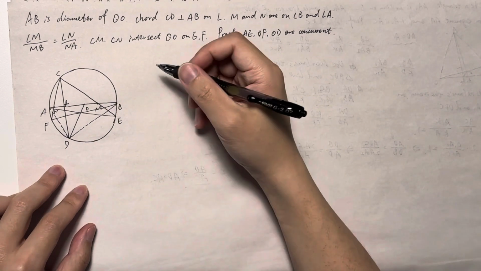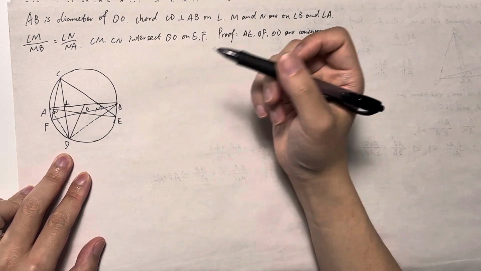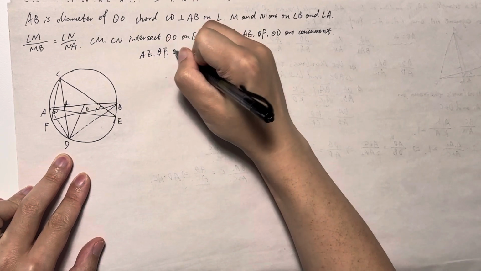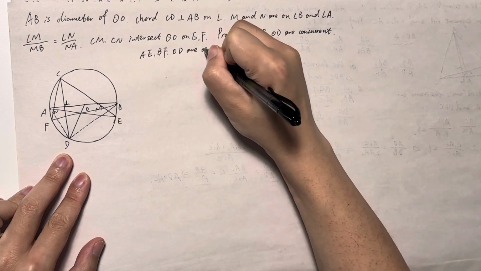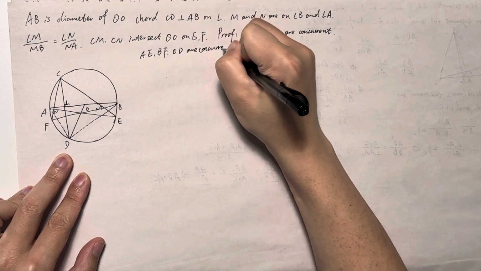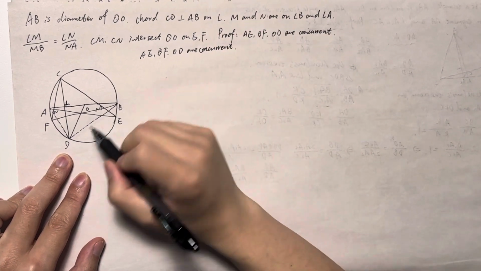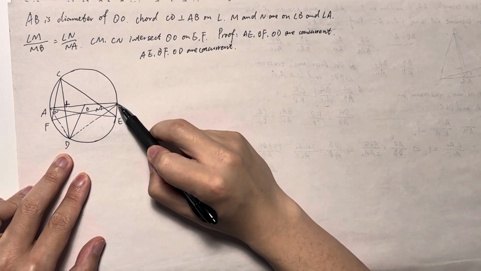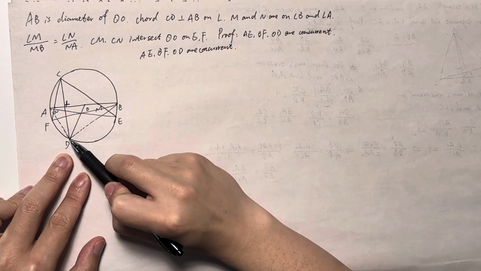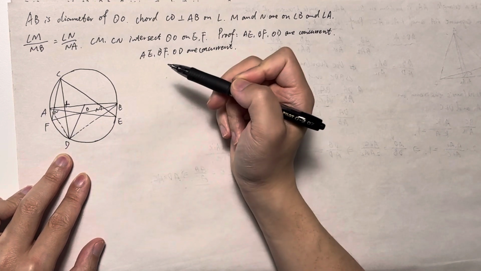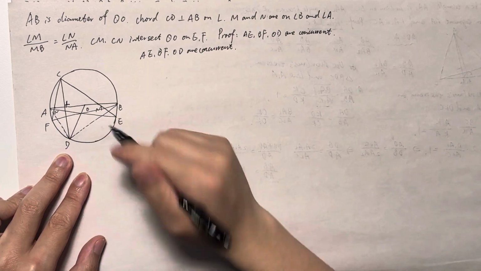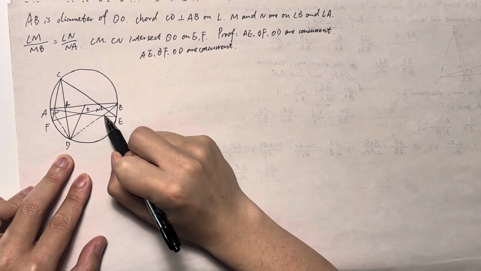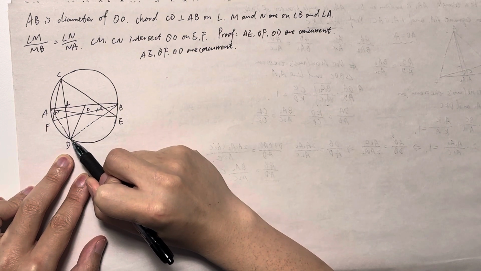Right? We want to prove AE, BF, OD are concurrent. That means we need to find the relation between A, O, B, and B to this point to D, and D to this point to A. But if you look at this figure, the segment length of this to this is very difficult to find.